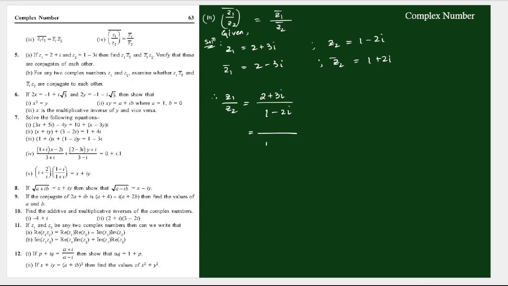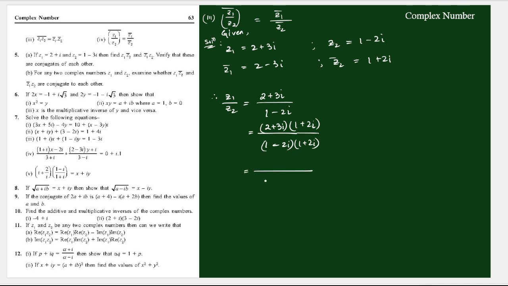So we need to take the conjugate of the denominator. 1 minus 2i, 1 plus 2i. So 2 plus 3i, 1 plus 2i.